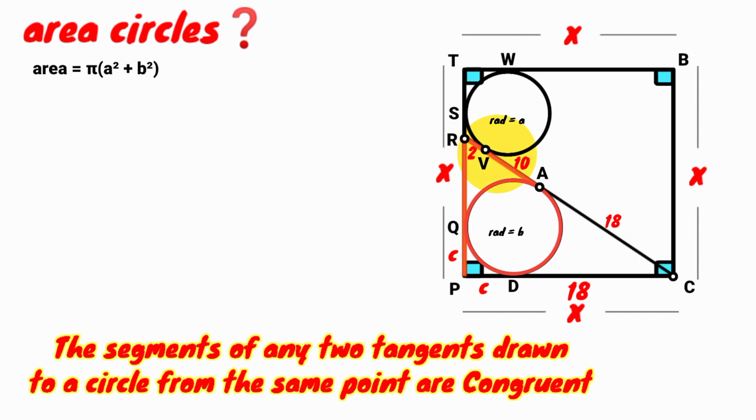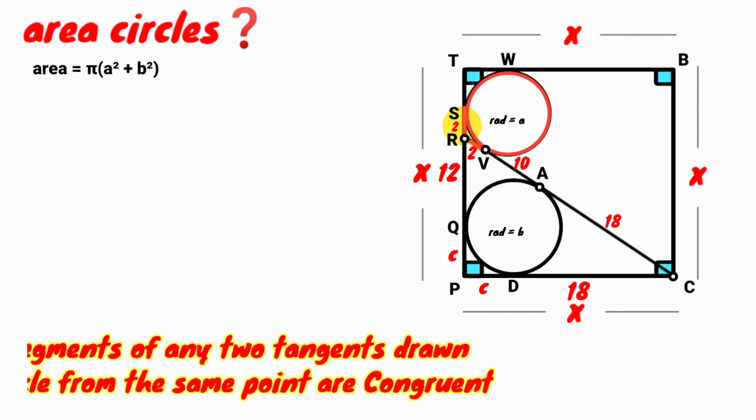So since this segment has its length to be the sum of this 10 and this 2, which is 12, this must also be 12. Line PT is also a tangent to this small circle at this point, and this is also a tangent to it at this point. They meet here. So since this is 2 units in length, this must also be 2 units.